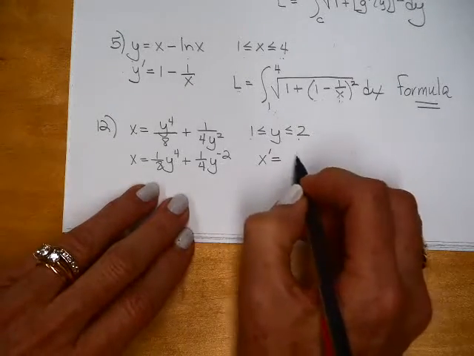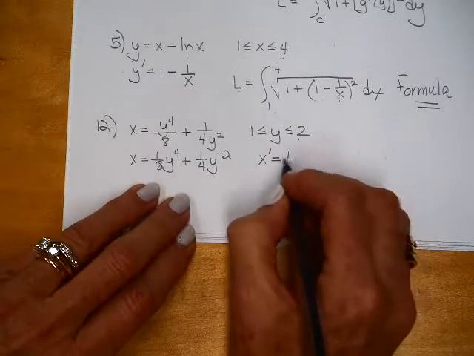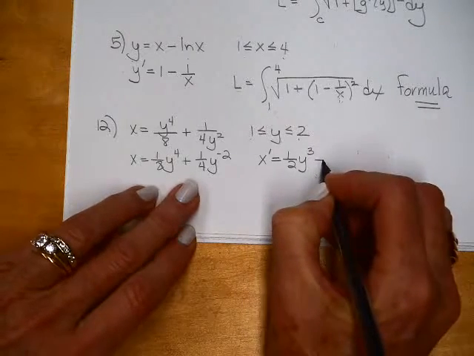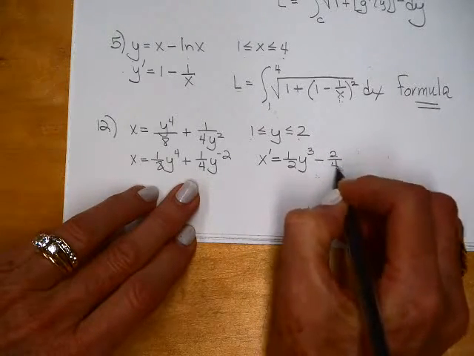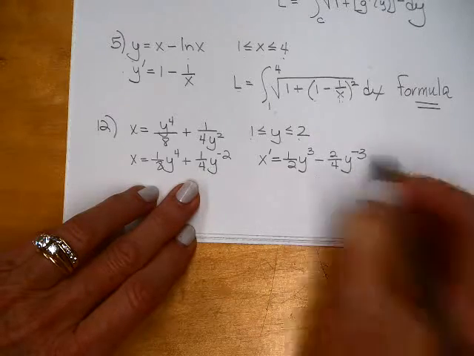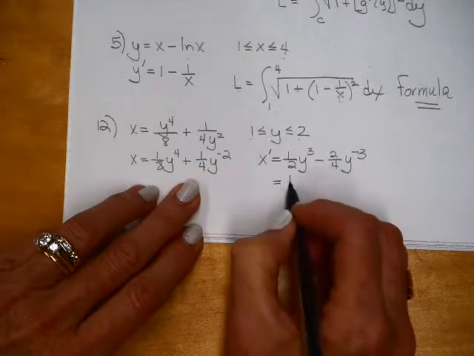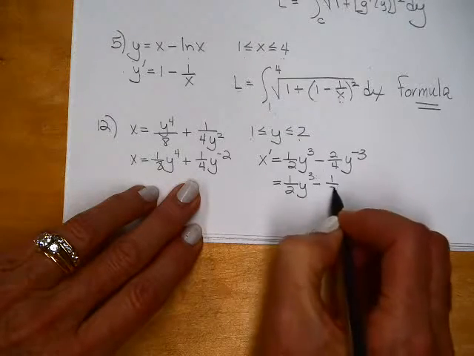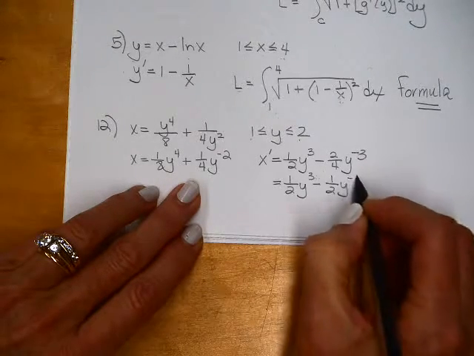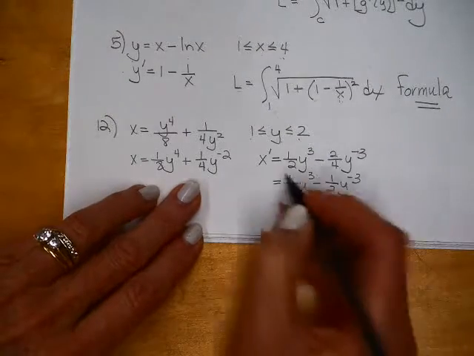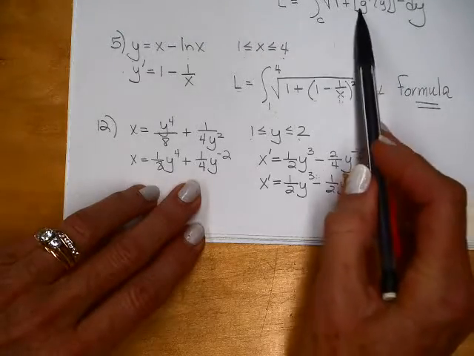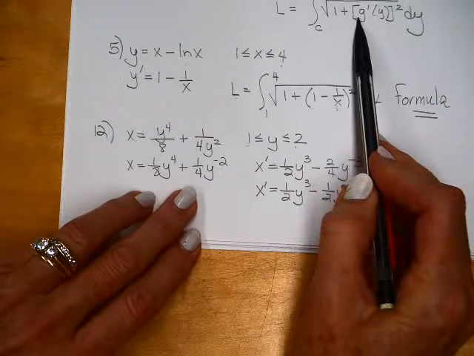So the derivative of this is 4 over 8, which is 1/2 y to the 3rd minus 2 over 4 y to the negative 3. So that's 1/2 y to the 3rd minus 1/2 y to the negative 3. And that is my x prime, which is g prime of y. It's the exact same thing.